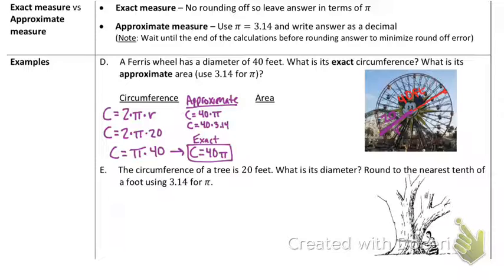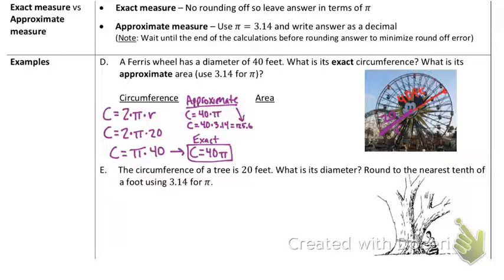And if you do that correctly, the approximate value is equal to 125.6, and this would be considered your approximate answer. Again, these are the same answers. One is exact, one is a decimal or approximate. Hopefully we understand the difference.